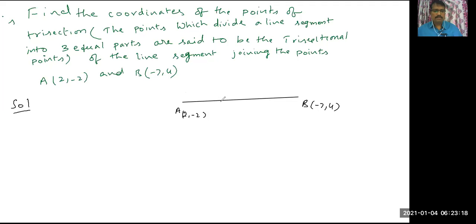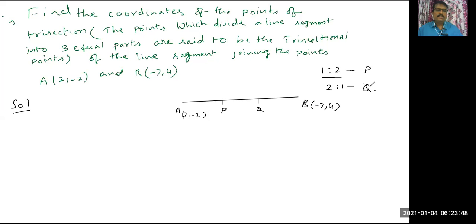So now here P is there and Q is there. So first one divides in the ratio 1:2, let this be P, and the one dividing in the ratio 2:1, let that be Q.